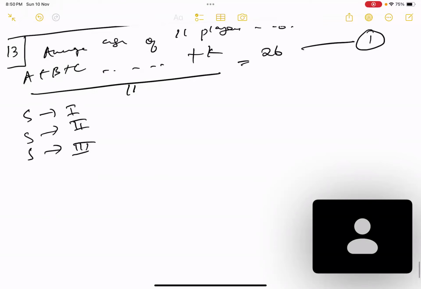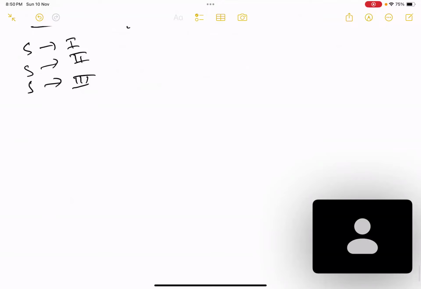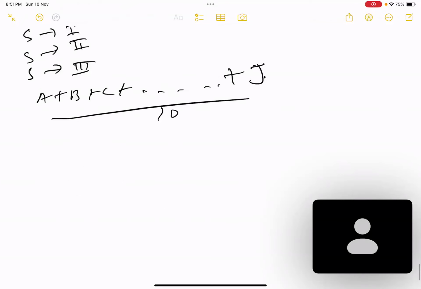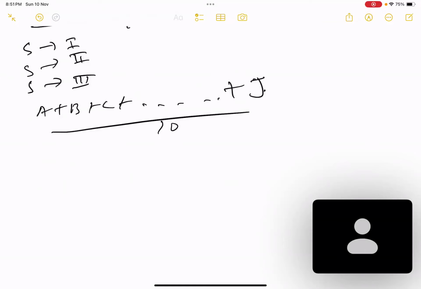It says the average age of these 10 players, A, B, C up to J, which does not include the youngest, is 25 years and 9 months.